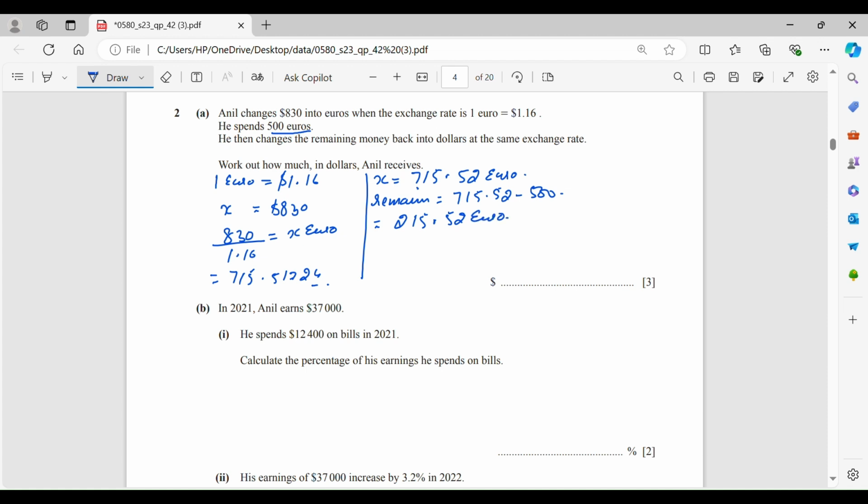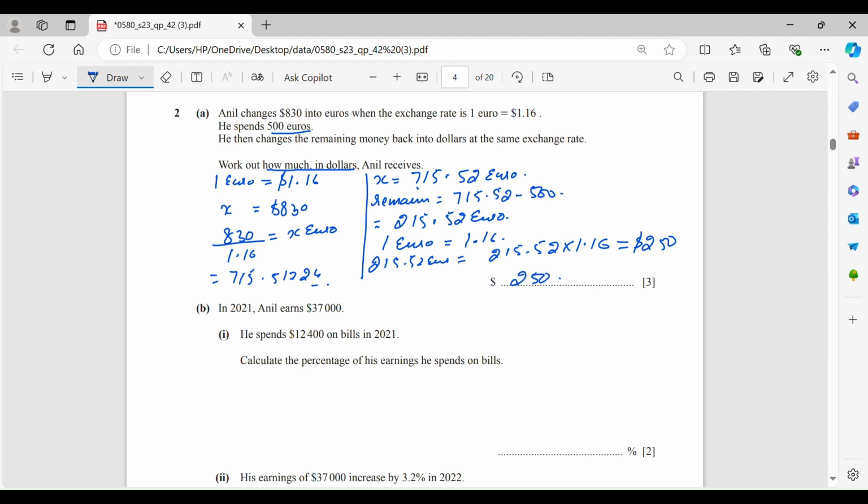This is in euro, so we need to convert it again into dollars. 1 euro is equal to 1.16, so 215.52 euro will be 215.52 into 1.16, which is equal to $250. So our answer is $250 he was left with.